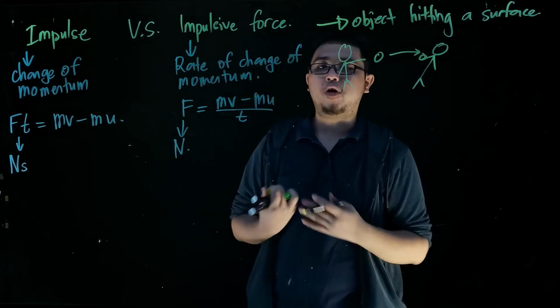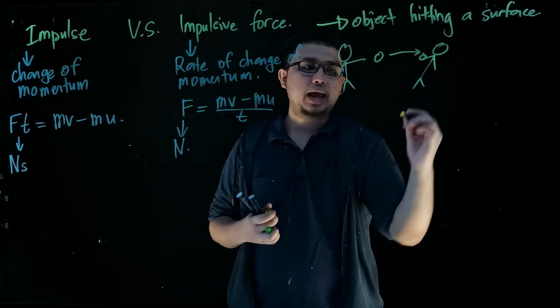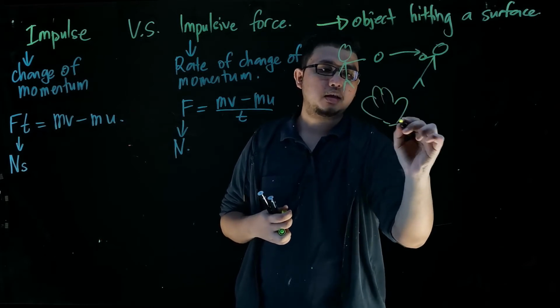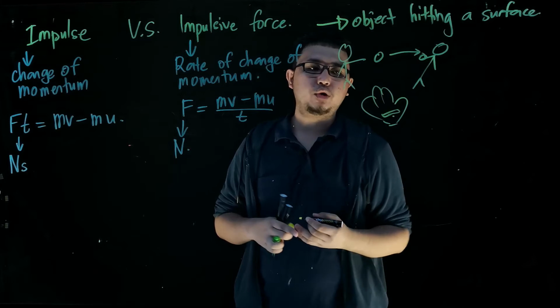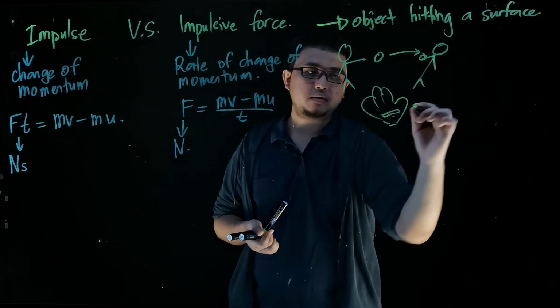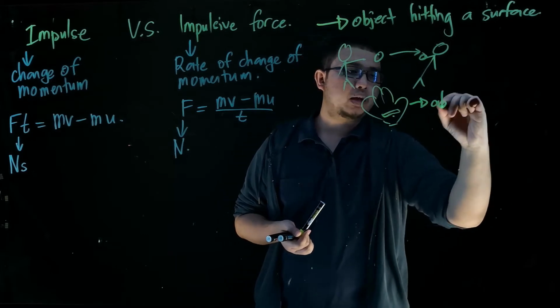So that's why for baseball games, they have baseball mitts. What they do is this glove or mitt absorbs the impact.